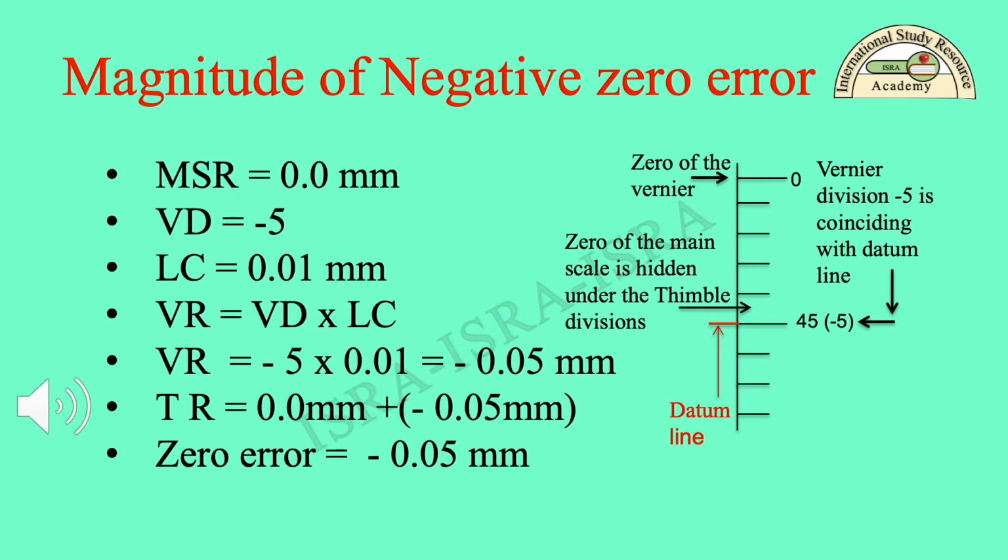Therefore, vernier reading VR is equal to -5 times 0.01 is equal to -0.05 mm. Total reading TR is equal to 0.0 mm plus within bracket -0.05 mm.